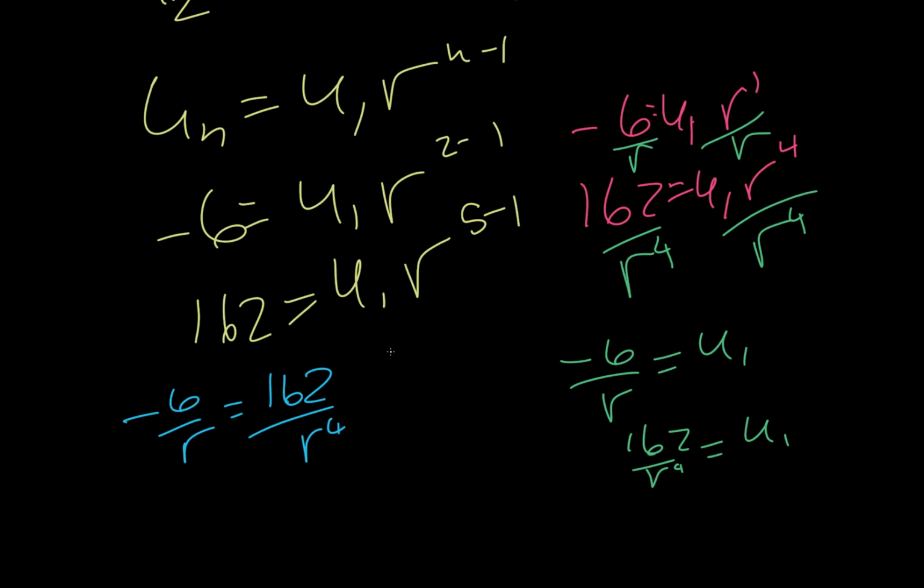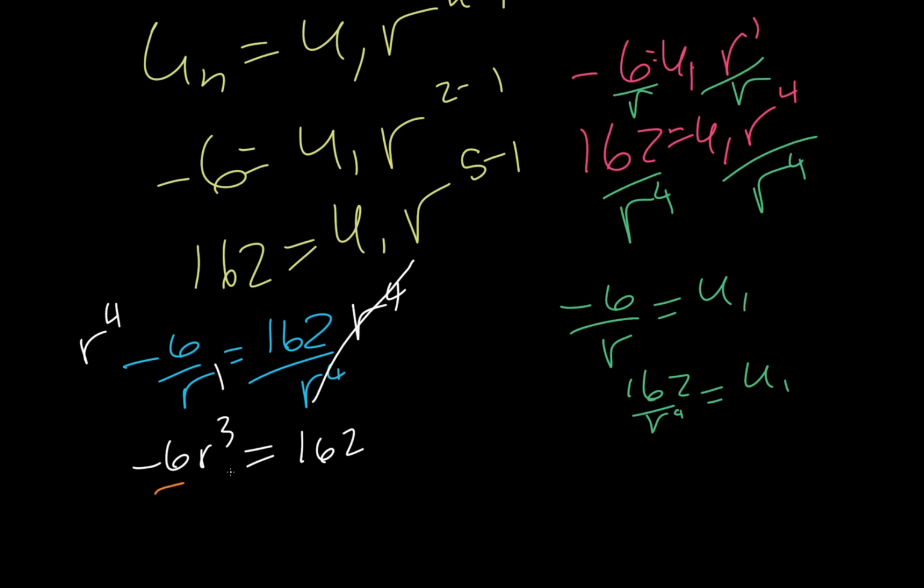And we can break up the fraction by multiplying both sides by r to the 4th. So it cancels here. We're left with 162. Right here, this is like r to the 1, so we subtract, so it's really negative 6 r cubed. And then we can multiply or divide both sides by negative 6.